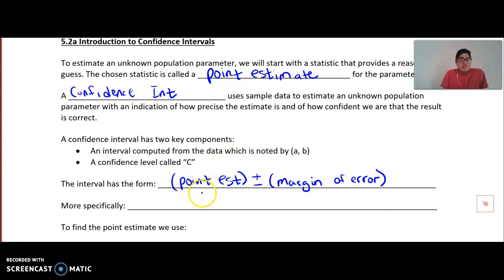Now, more specifically for a one sample proportion, our point estimate, as we've been talking about, is going to be p hat, which is our sample proportion, plus or minus z star, times the square root here of p hat, times the complement of p hat, all over n. And so all of this is in the square root.